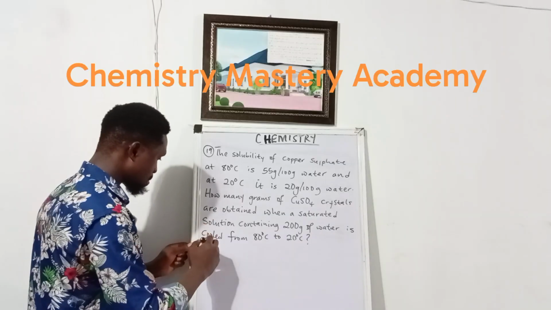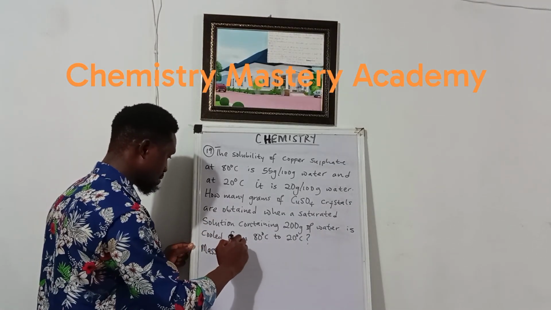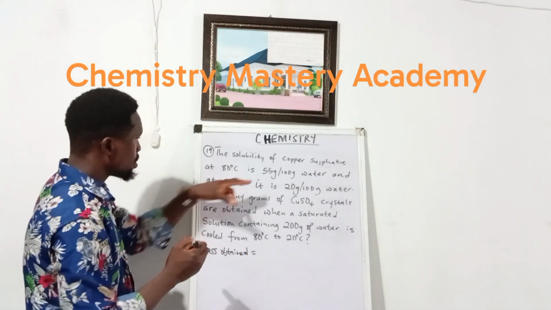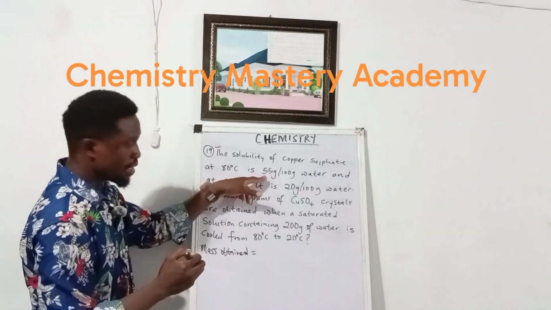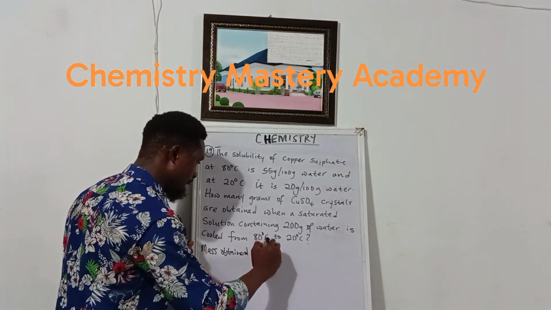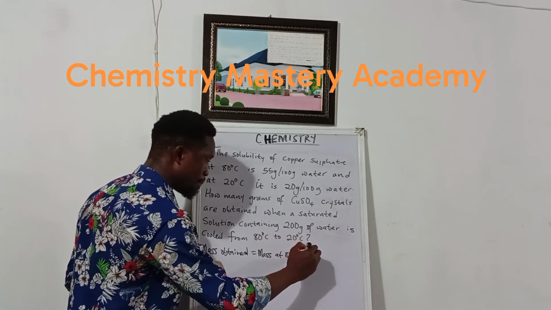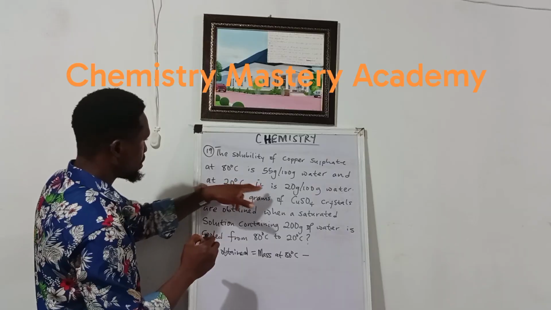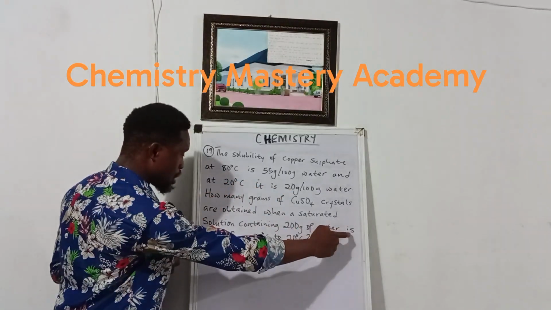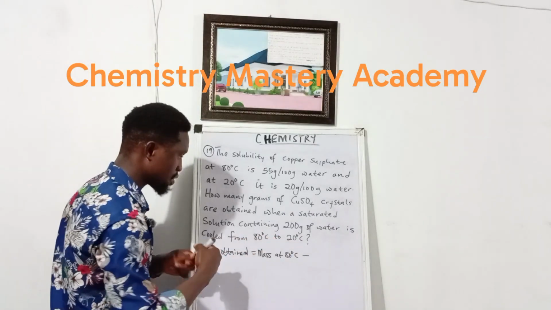We said that the mass obtained is equal to the mass at 80 degrees Celsius minus the mass at 20 degrees Celsius, because they said when the water is cooled from 80 degrees Celsius to 20 degrees Celsius.